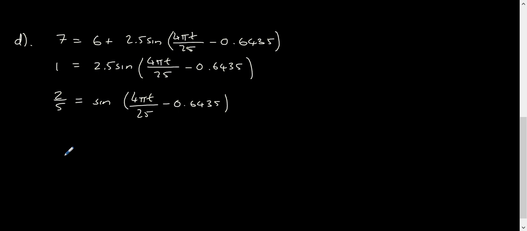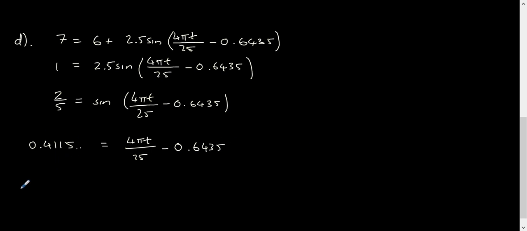We get arc sine of 2/5, which is 0.4115. And that equals 4 pi t over 25 minus 0.6435. Now we also have to remember that's not our only solution.